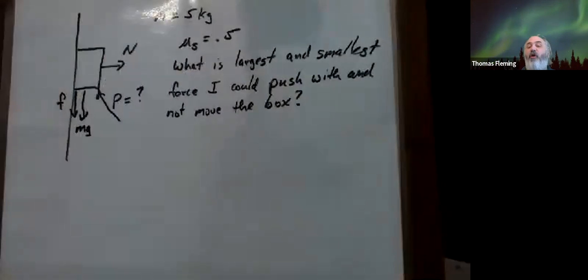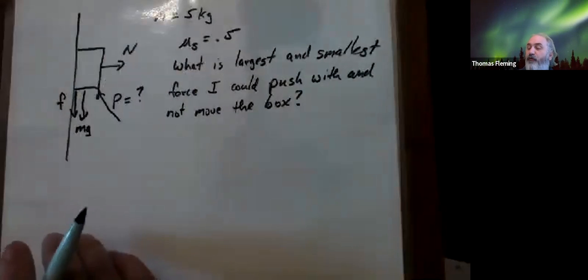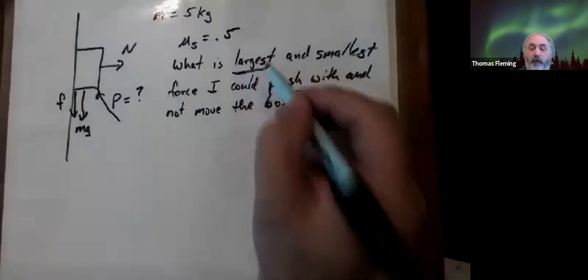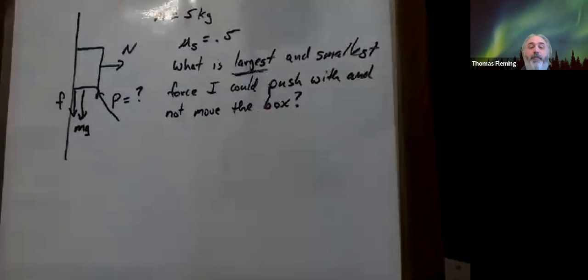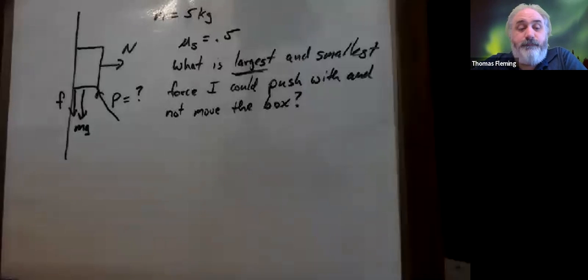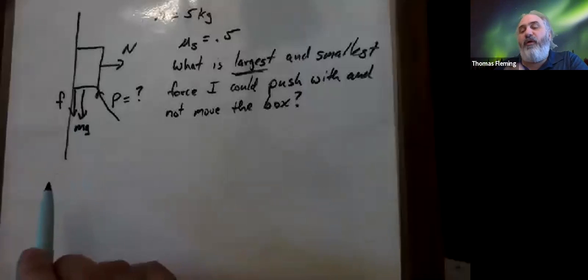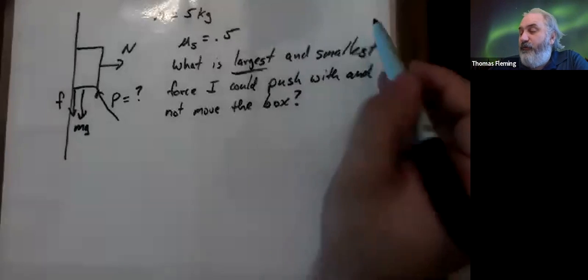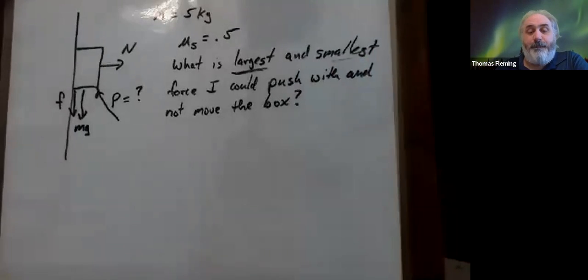And if I solve for the value of P that makes this true, what I would be solving for is the largest value of P that I could possibly get, right? If I push any harder, it would slide and overcome the friction. So there's one scenario. Let's solve that one. We'll come back and figure out what's different for this one in a minute.